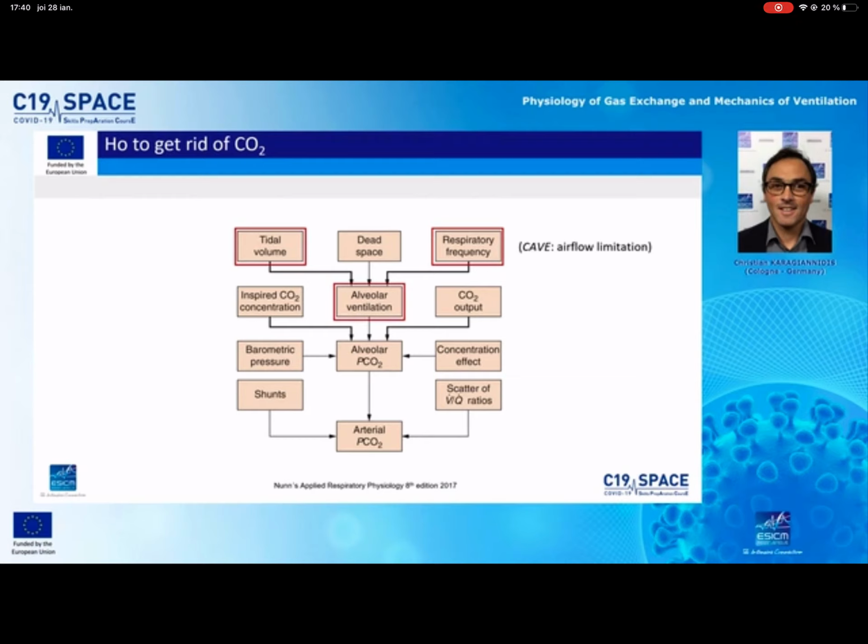So if you have problems to get rid of CO2 in your COVID patients, first look at the tidal volume on mechanical ventilation if it is high enough, and it should be around about 6 ml per kilogram ideal body weight, and look at the respiratory frequency if it's high enough in patients without airflow limitation, and if it is low enough in patient with airflow limitation, which means that they have enough time for expiration.